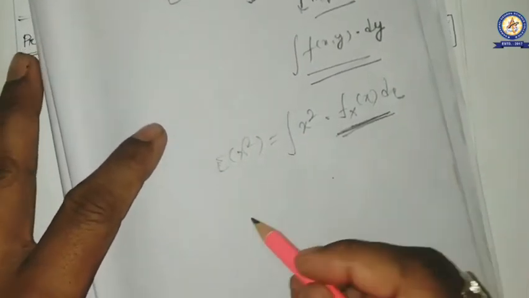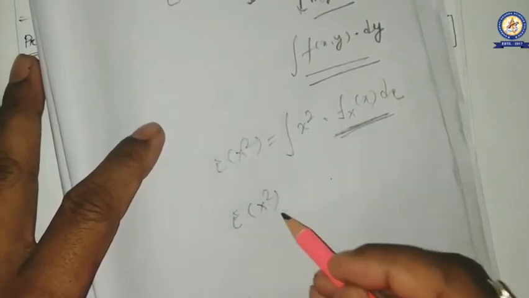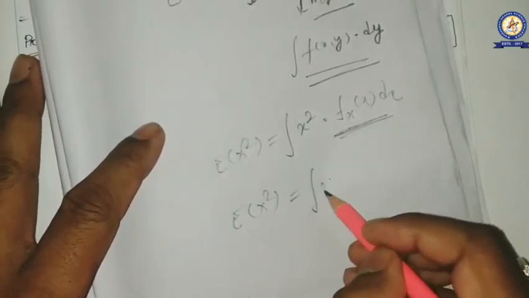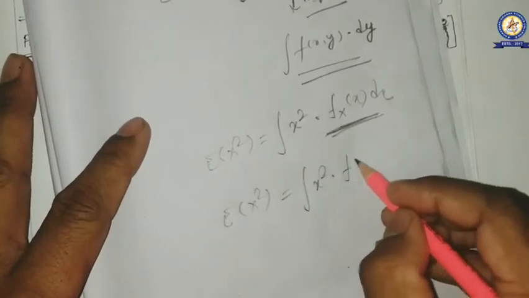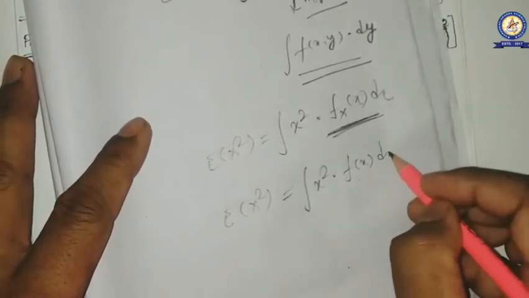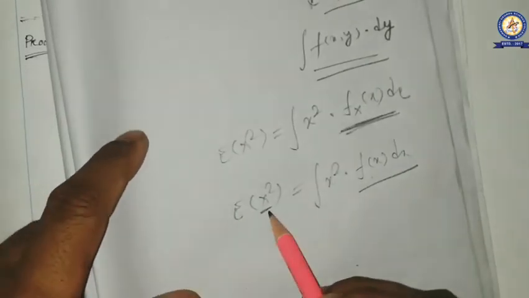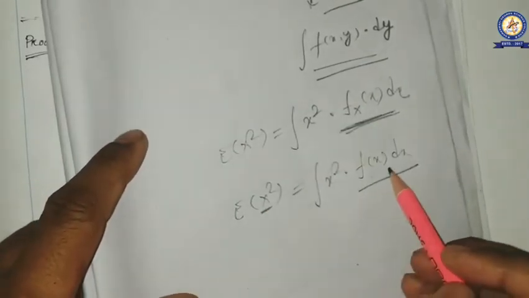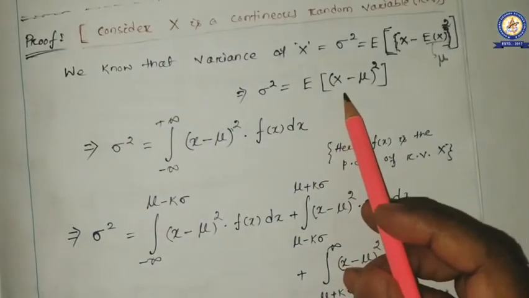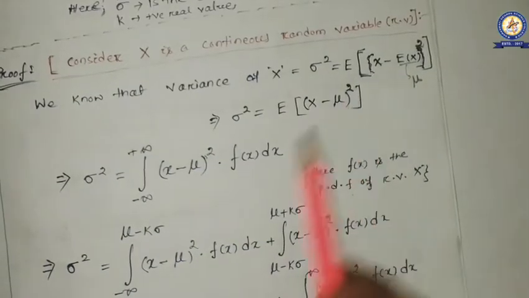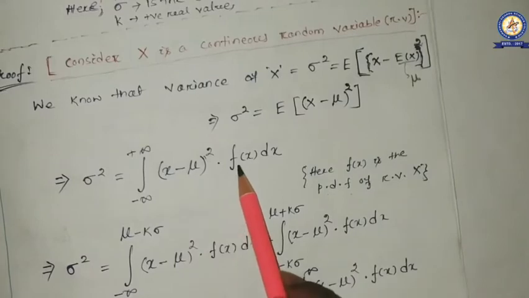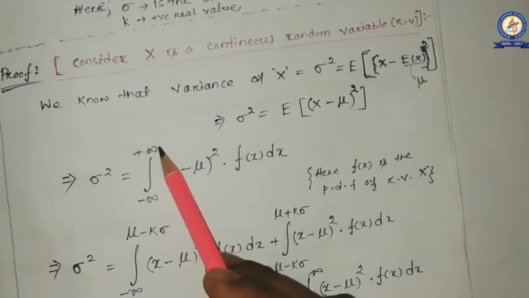For a one dimensional random variable, expectation of x square will be x square into pdf of x dx. Here x minus mu square is there, so x minus mu square into pdf dx from minus infinity to plus infinity.